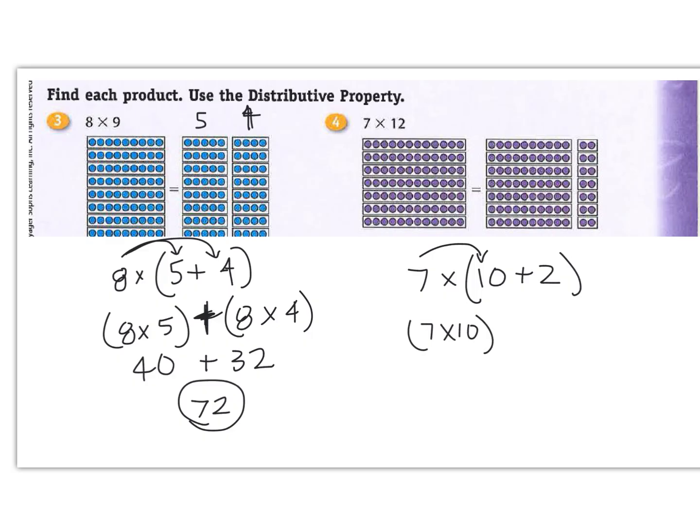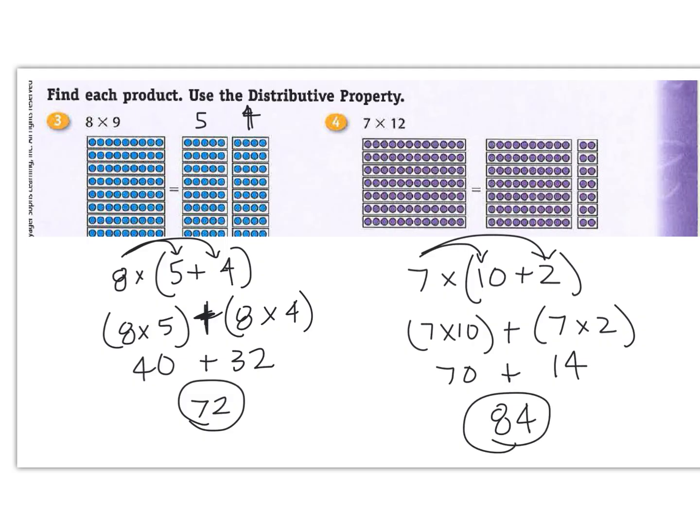And then after you do 7 times 10, you would add, and then we would do 7 times 2. So you'd write it out like that. So then you do 7 times 10 is 70, plus 7 times 2 is 14. So now you would add those together and you get 84. So 7 times 12 equals 84.